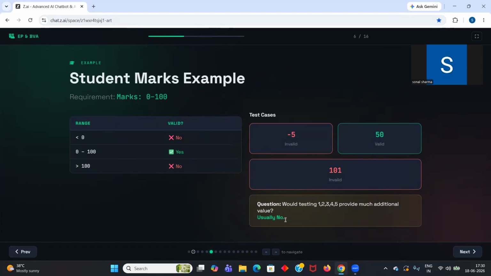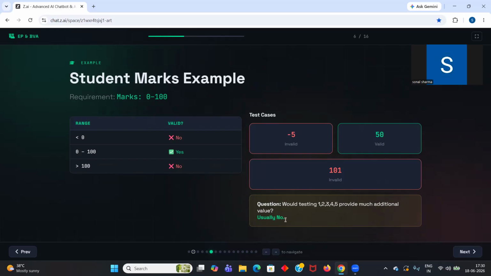Let's take one more example. Suppose you have a marks field and the value could be between 0 to 100. Again, this can be divided into three groups. Less than 0, between 0 to 100, and more than 100. So we have three test cases. Less than 0, you could take -5. That is your invalid test case. It should not be accepted. Then you can take any value between 0 to 100, let's say 50.